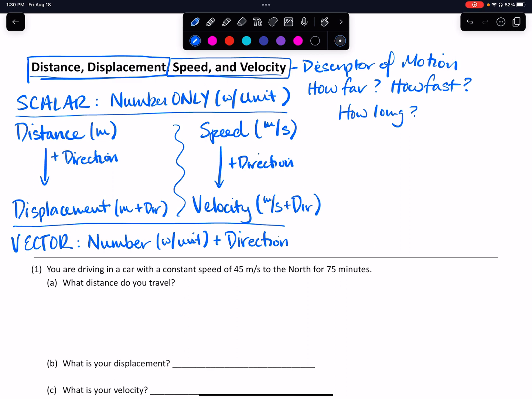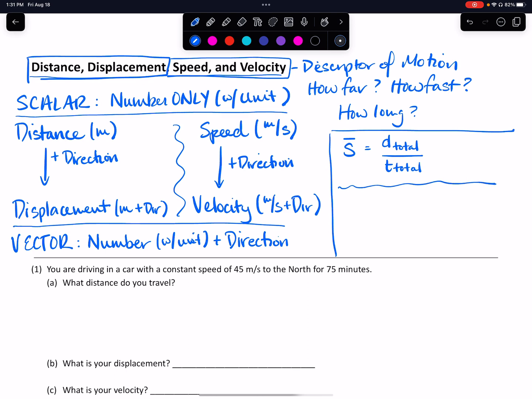The formulas are pretty straightforward for this portion. There isn't really a formula for distance; you just measure the distance. For speed, we tend to talk about the average speed, which is the total distance covered divided by the total time it took to get there. Again, that's a scalar, so we don't include the direction.